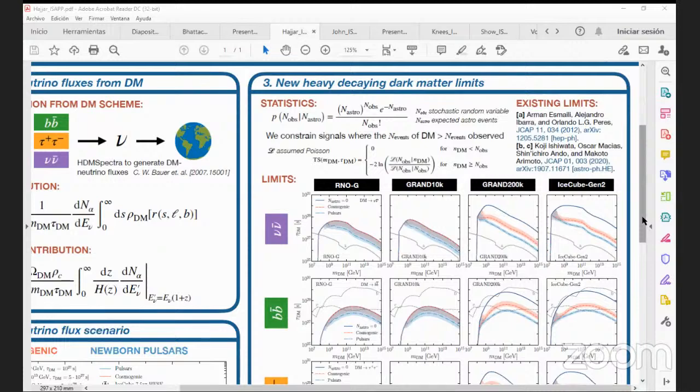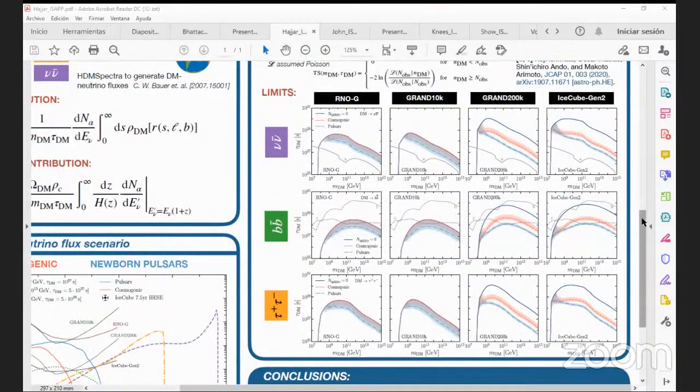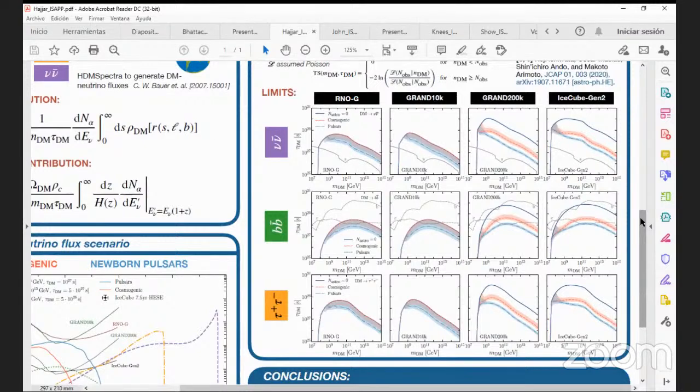We show on each column the different experiments, can you scroll down a little bit, please? So we can see the different experiment in each column, and the different dark matter decay channel on each row. And on each plot, we show the different constraints that we placed for what we forecast.